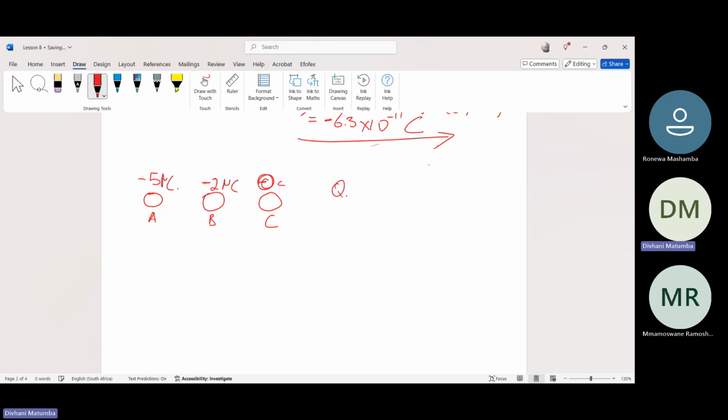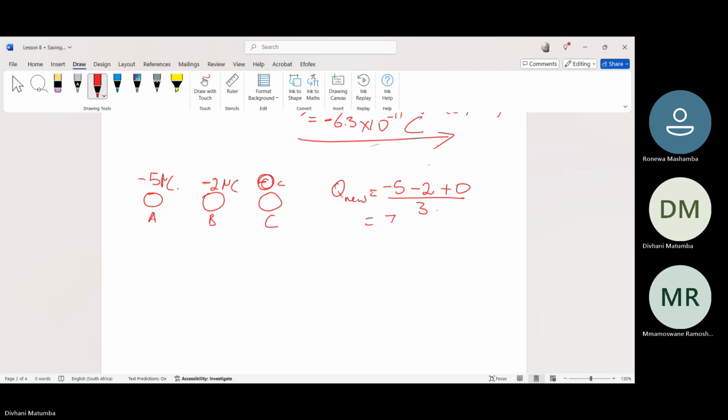So Q new will be equal to minus 5 minus 2 plus 0. Do you agree? Yes, sir.